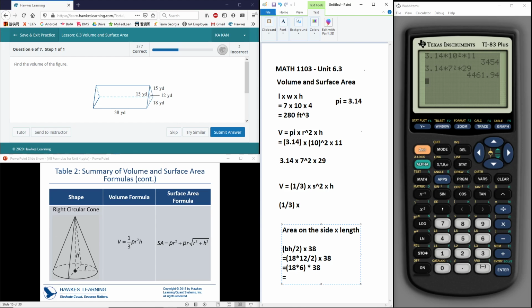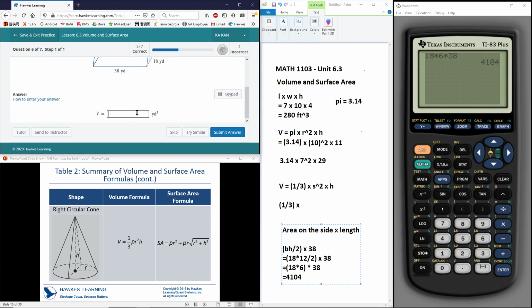You can use your calculator. That's 4104.